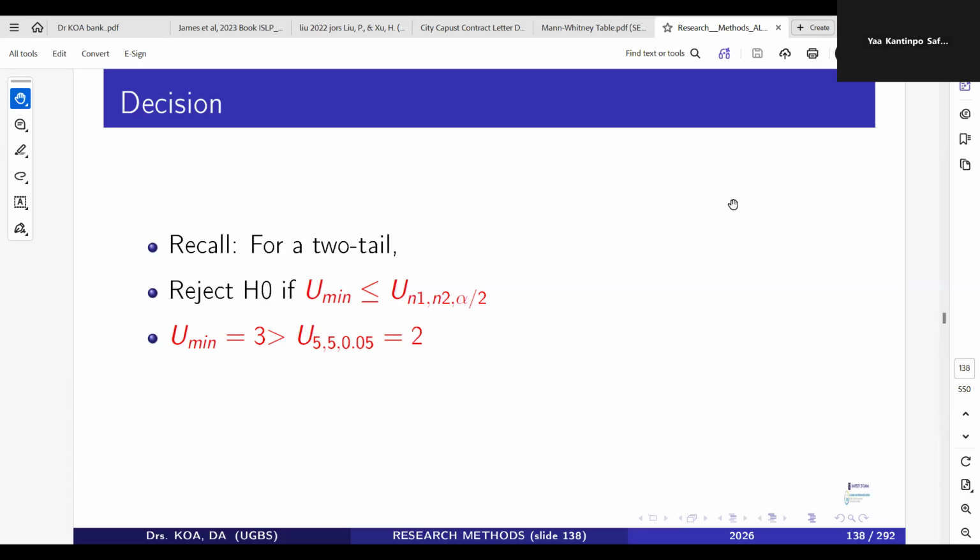Anybody? When you are not rejecting the null, do you know what the null was saying? The null was saying that there is no difference in the episodes of shortness of breath between those taking the placebo versus those taking the new drug. That's what the null said.